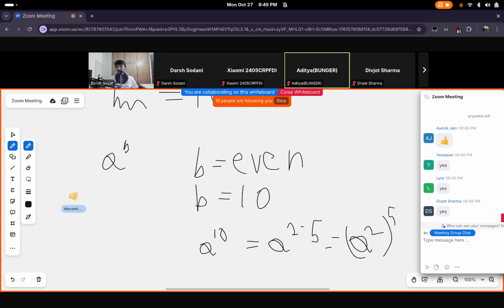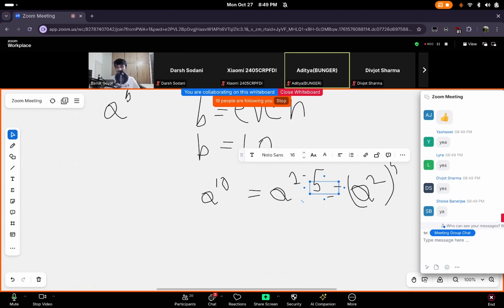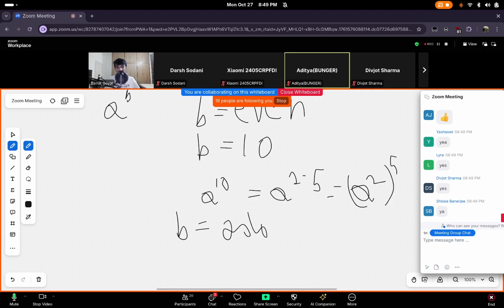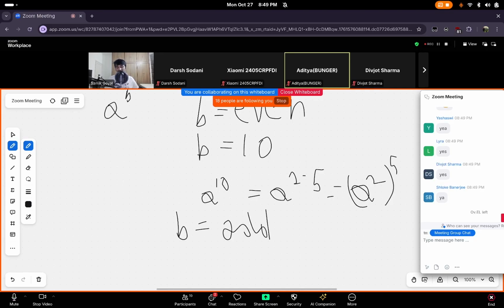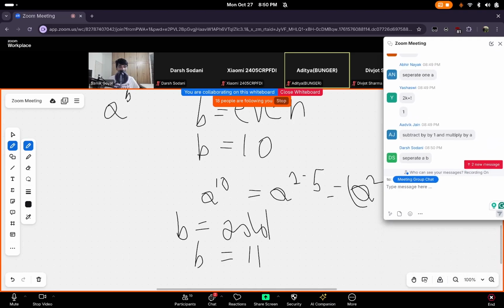Okay, cool. So now I'm gonna ask you guys, what do you think we should do when b is odd? So when b is even, we can see that we can halve the power, but what if b is odd? What if b is 11? Yep, that's correct.